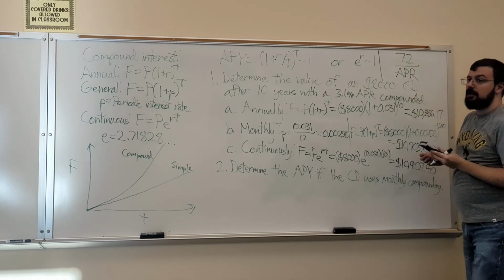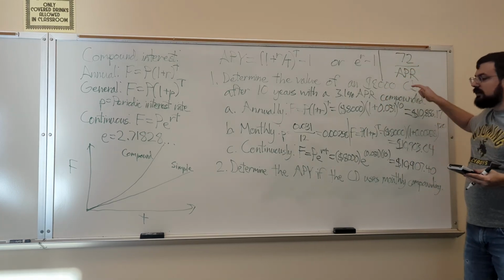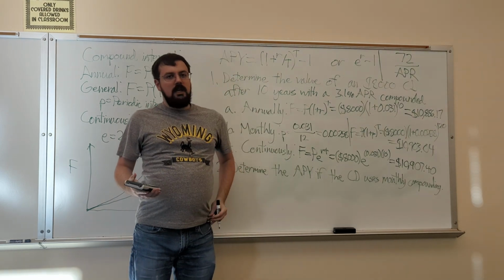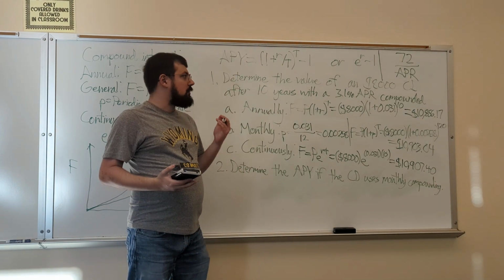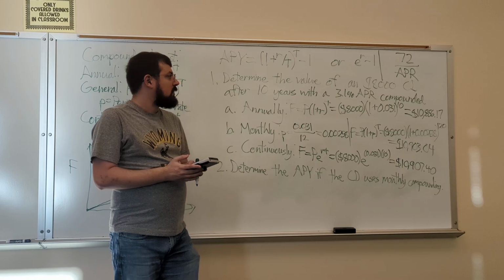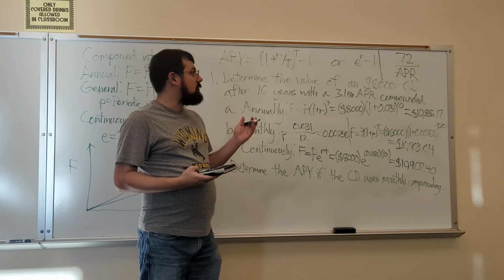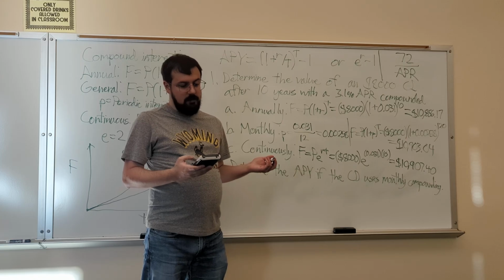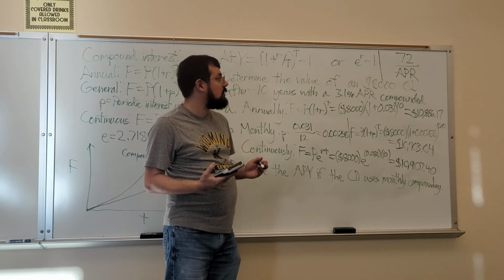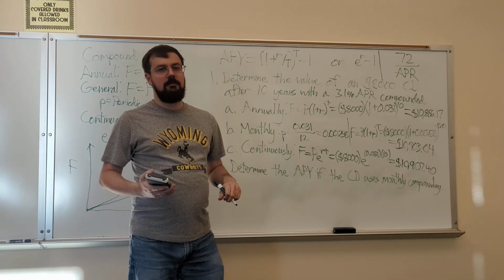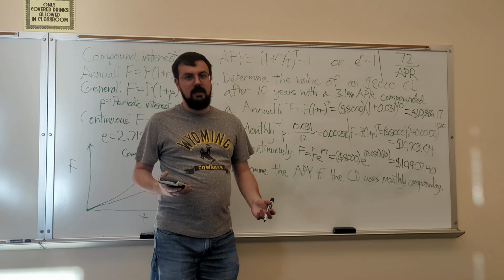And this is the APR expressed as a percentage. And that will tell us the number of years that it takes for the value to double. So in this case, for instance, if we have a 3.1% APR, then 72 divided by 3.1 would be 23.226. So give or take, it would be roughly 23 years for the value of that CD to double.